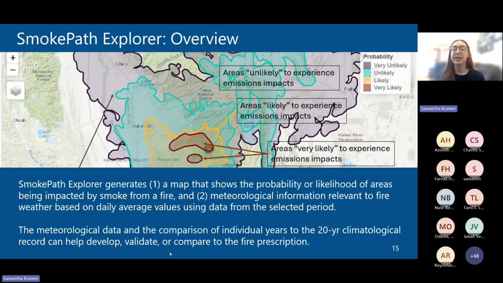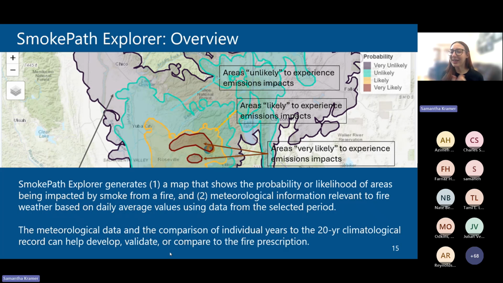Very unlikely smoke impacts means it's possible, there's a chance, obviously, but it is very unlikely that smoke, especially from a prescribed fire, is going to reach these areas. But it is in the 20-year variability. The very likely category indicates that, just as stated, it is very likely that if you produce a significant amount of smoke at this location, that smoke will reach these areas.